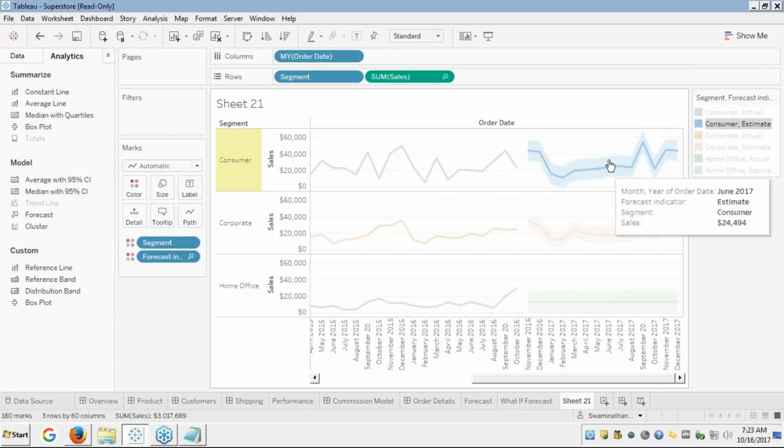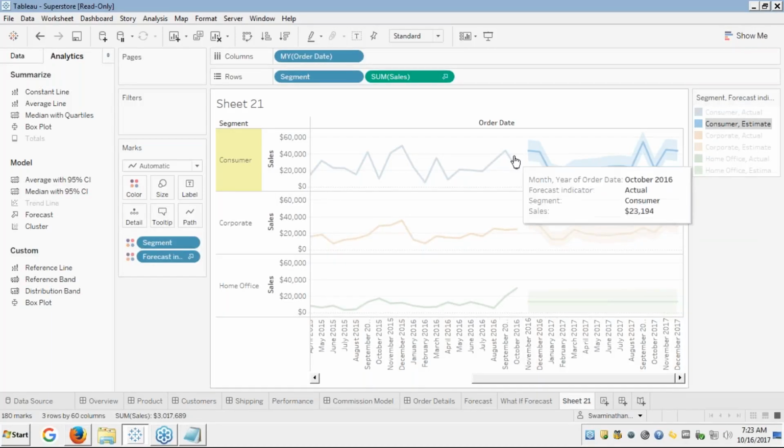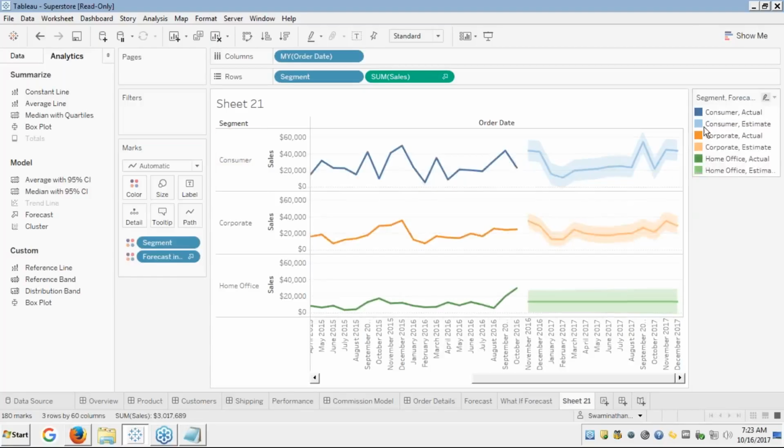The break, with a kind of shaded symbol, indicates that this is going to be a forecasted value for the future. From here you have the actual data until October. From November 2016 onwards, it's the projected one. That's what it's able to tell us.